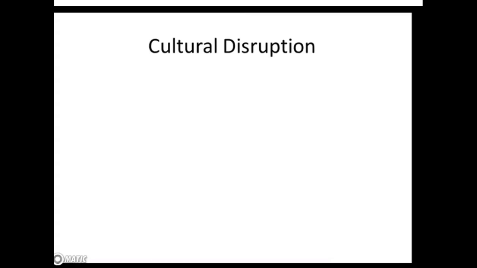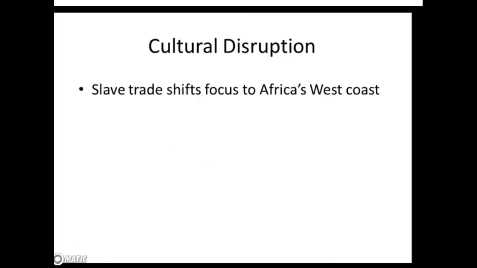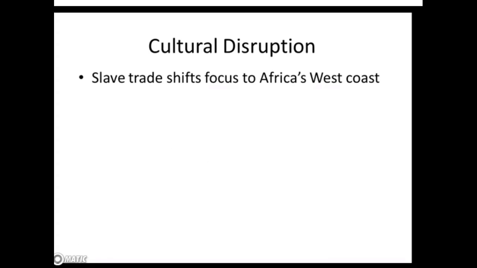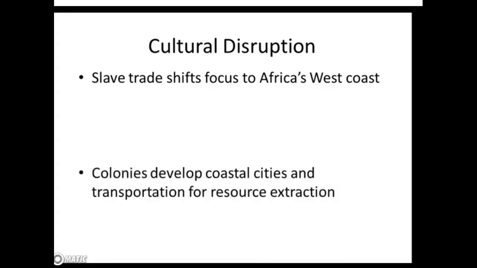Okay, so cultural disruption is one of the characteristics of Sub-Saharan Africa. Not surprisingly, the slave trade shifted the focus to Africa's west coast, and of course the slave trade across the Atlantic to the Americas, both North and South America, was tremendously disruptive to cultures throughout Africa.